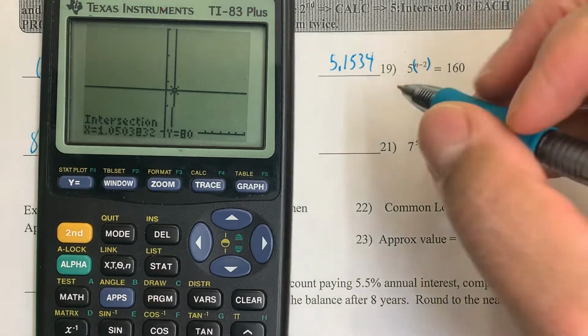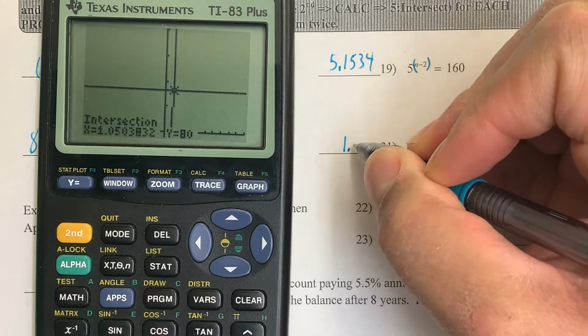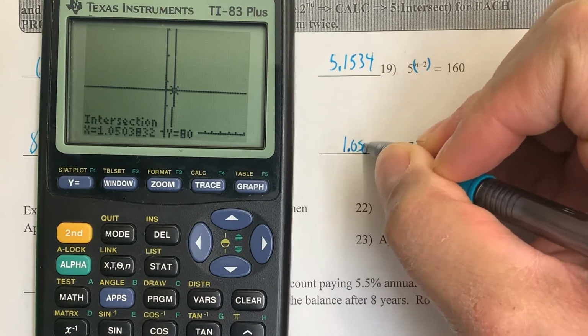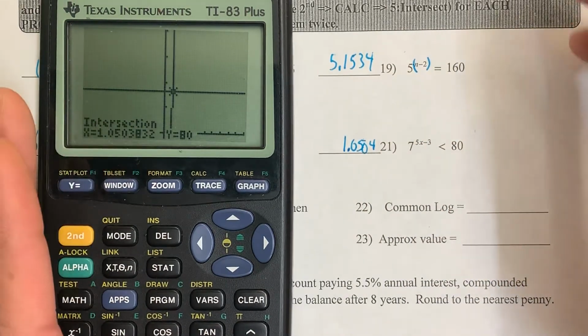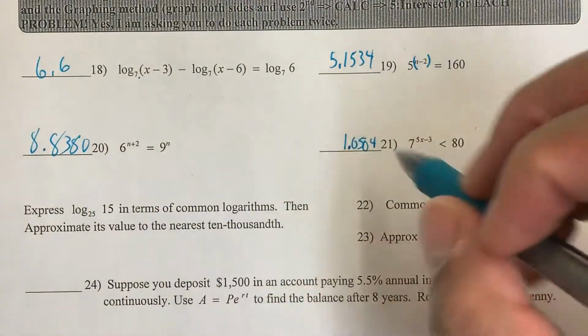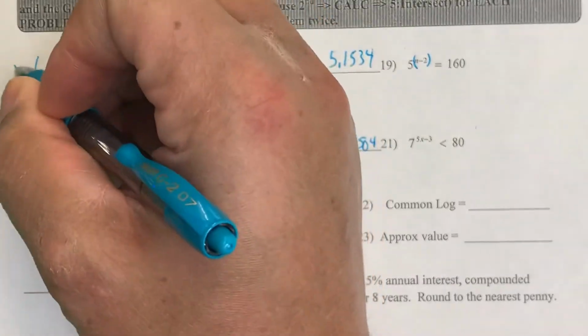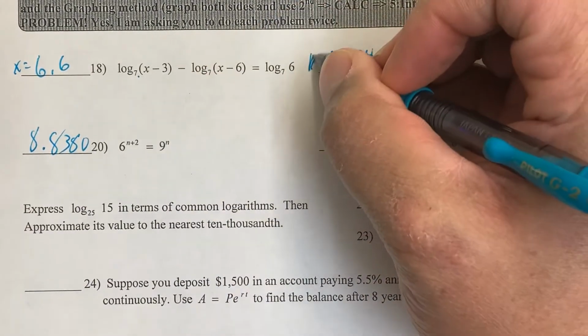And there it is, okay? So we have 1.0504, but we then have to figure out, is it going to be x is less than that or x is greater than that? Now, on the previous problems, I should have written x equals 6.6, or actually n equals for that one.